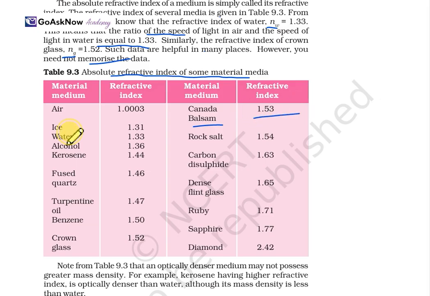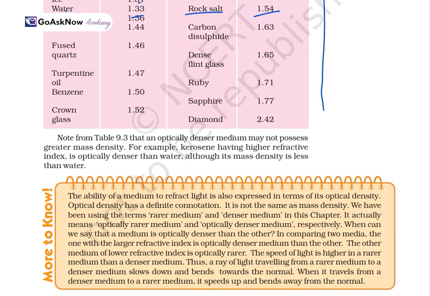For ice, it will be 1.31. For water, it is 1.33, and for rock salt, it is 1.54. Alcohol 1.36, kerosene 1.44, carbon disulfide 1.63. Fused quartz 1.46, dense flint glass 1.65. So you may get these in objective-based questions. You can learn these refractive index values of different material media.